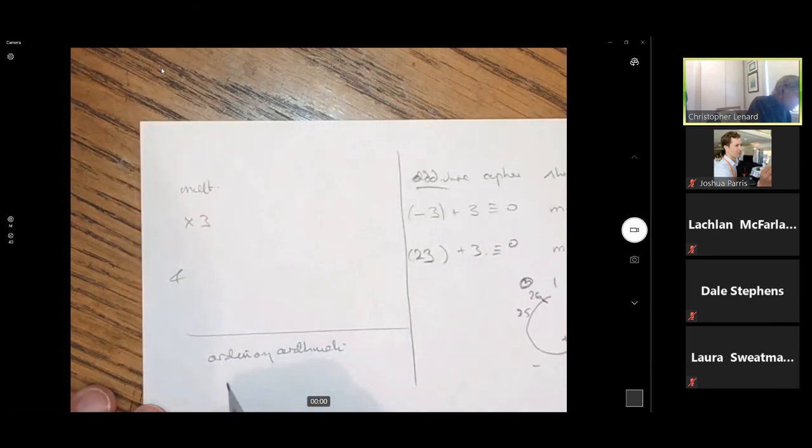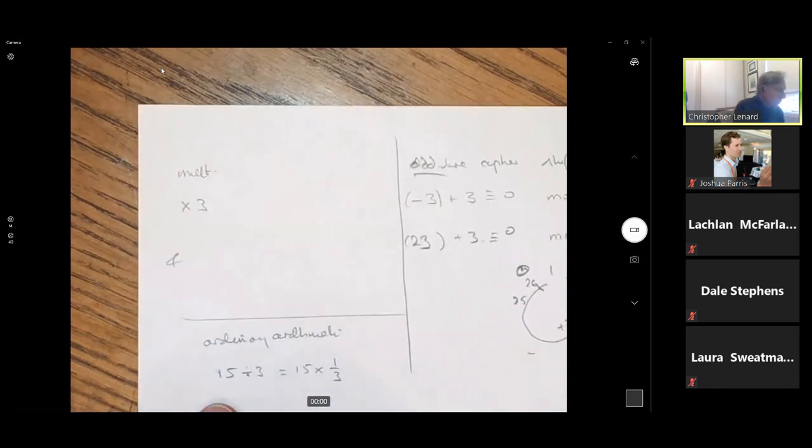In ordinary arithmetic, if I say 15 divided by 3, what's really happening is we're saying 15 times 1 over 3.